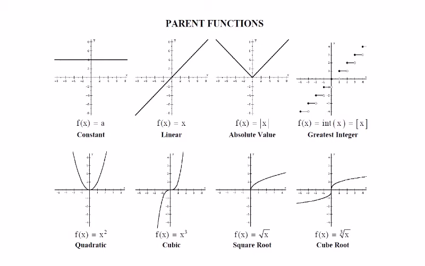But the ones that I want you to focus on are constant, linear, absolute value, quadratic. Okay, and some of the other ones are good to know, and you'll definitely have to know them later on in your math career. But for right now, and for this assignment, we're going to focus on those particular ones. Okay. All right, and notice on this one here they use 4, so this is actually f of x equals 4.